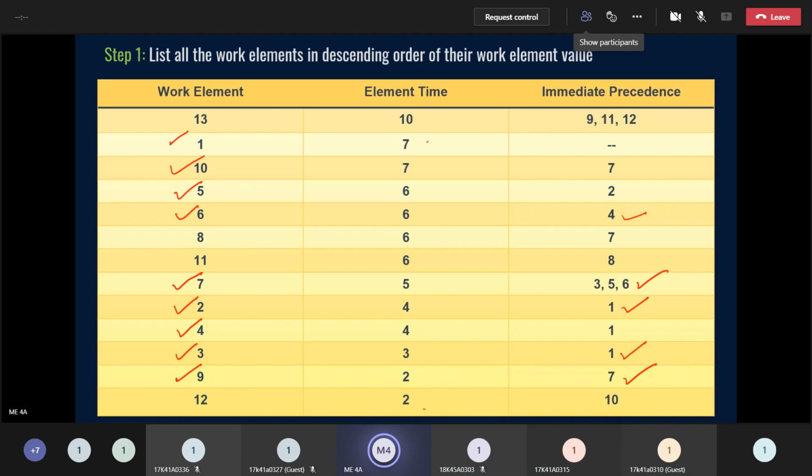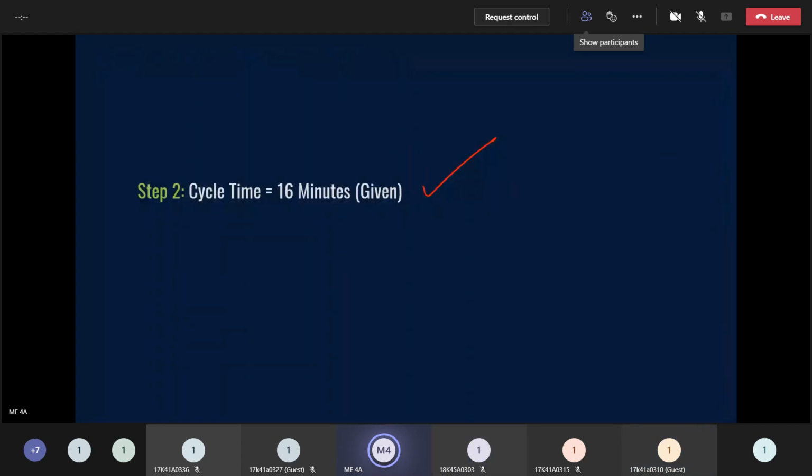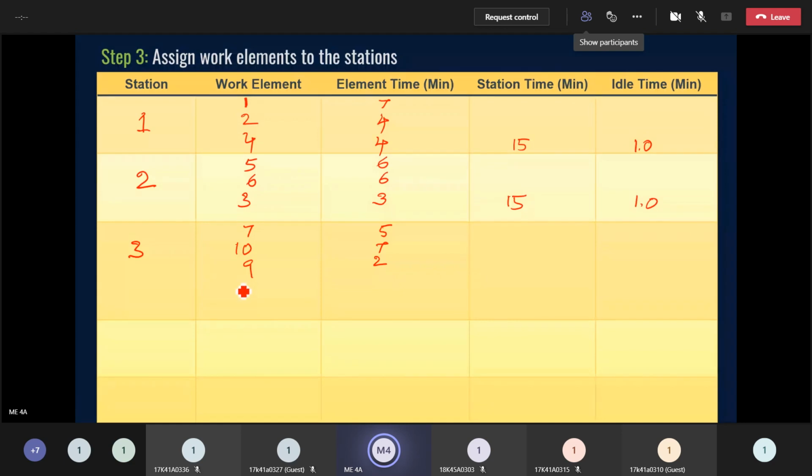Already 7 is done. So 2 minutes left. Okay, 14 minutes are over. Is there any other element with 2 minutes? Yes, sir. Work element 12. 10 is already done. So total 16 minutes you have consumed. 0 is the idle time.